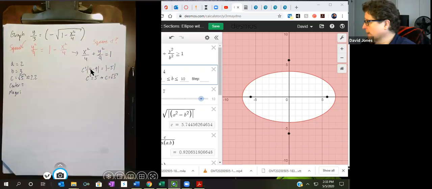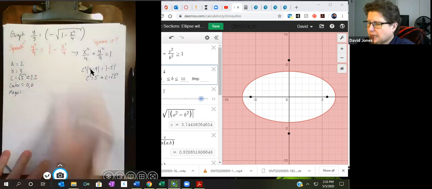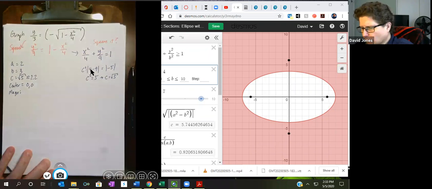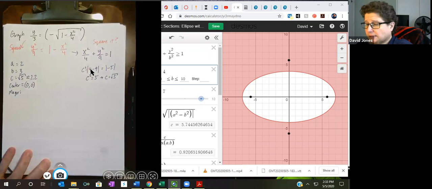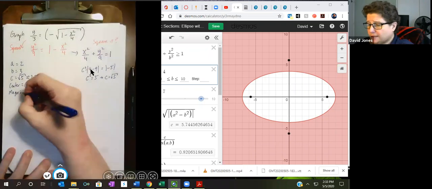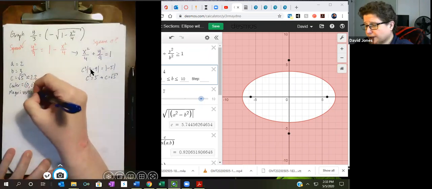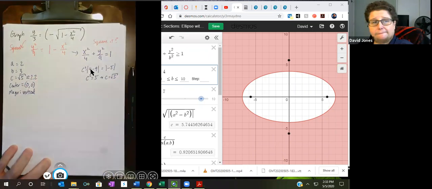My center is where? 0, 0. Which one's the major axis? It should be the vertical one. B is bigger than A. Go ahead and take a second to graph this.